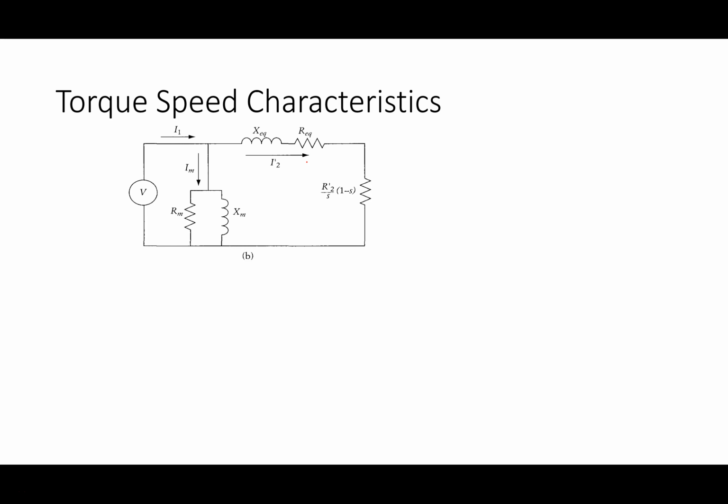So I want to derive the torque as a function of the speed, or the slip in this case. So I know the developed torque is equal to the developed power over omega.